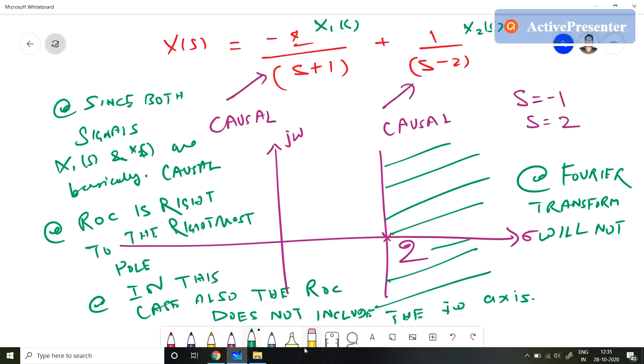So the Fourier transform will not exist for this case also, because the ROC does not include the j omega axis. Now let us discuss the third case.